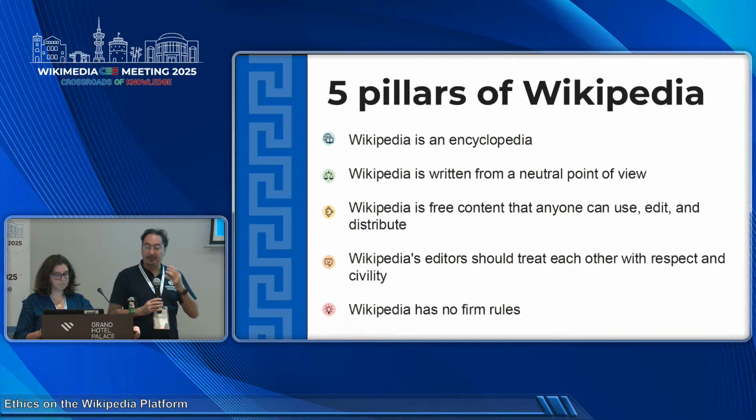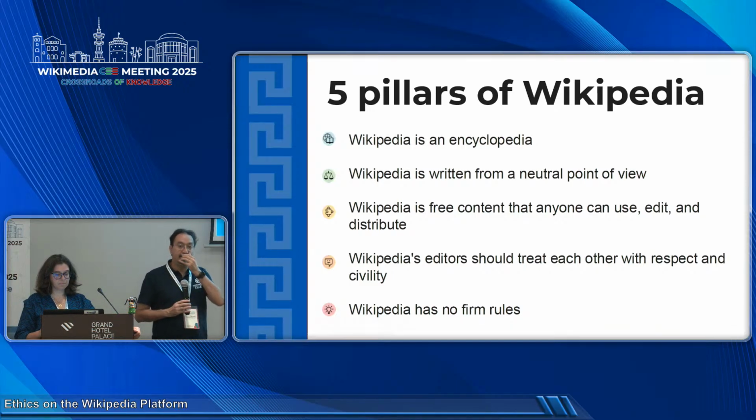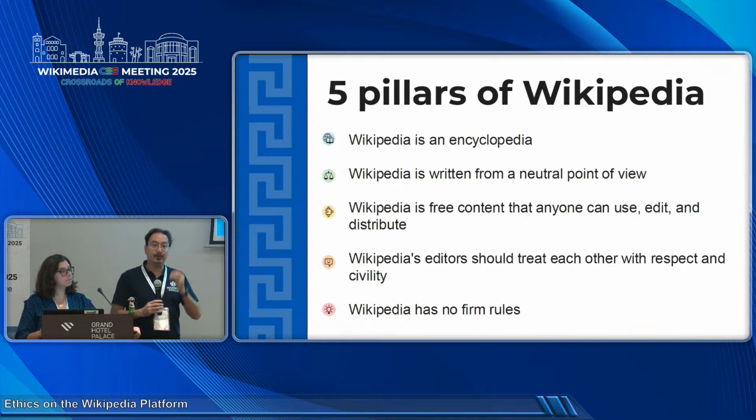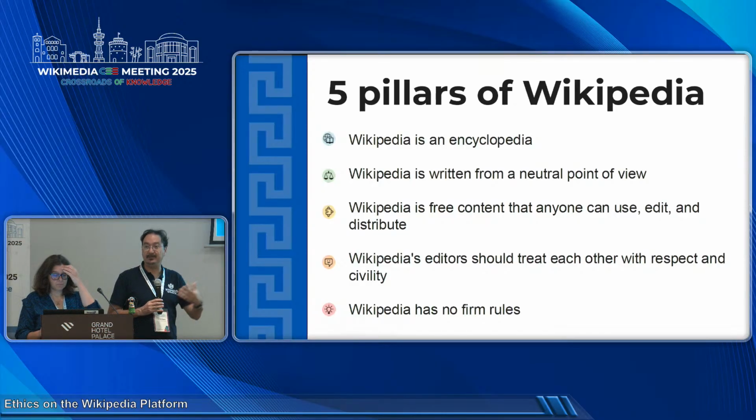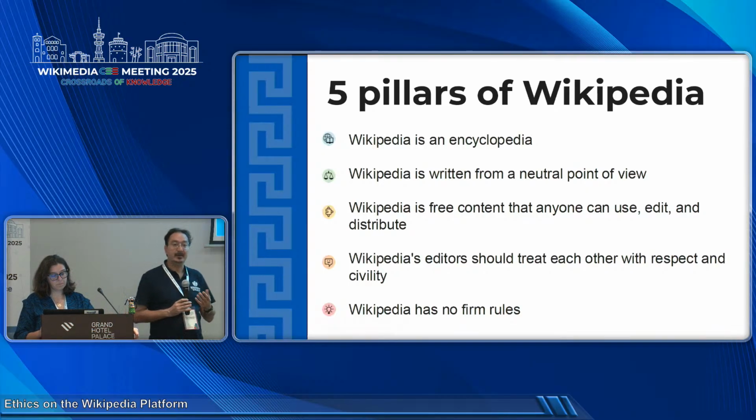But the fourth pillar for me is really interesting, because from the very beginning, from the foundation of Wikipedia, it set a rule about behavior between editors. It set a rule about already forming a community. It extends into a different field of interest, and says that Wikipedia editors should treat each other with respect and civility.